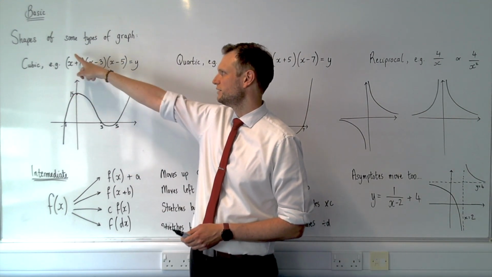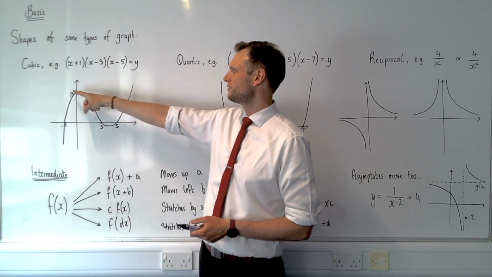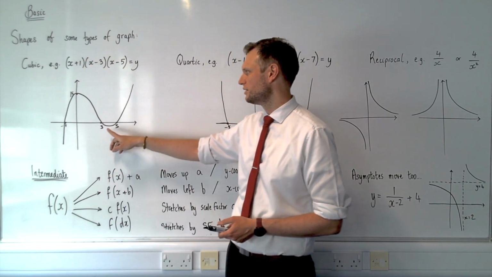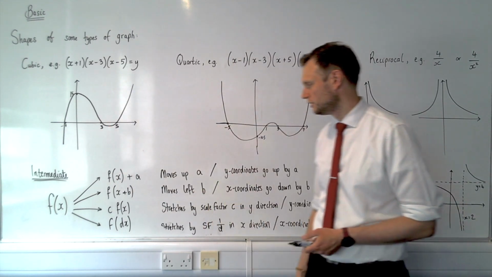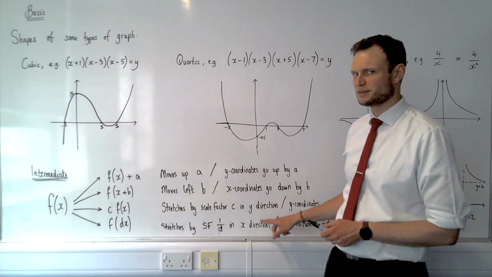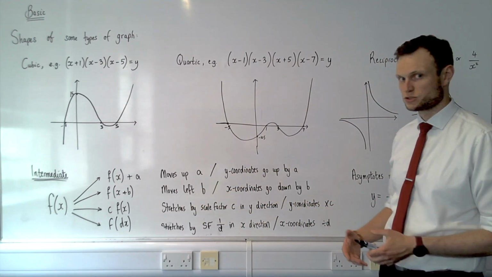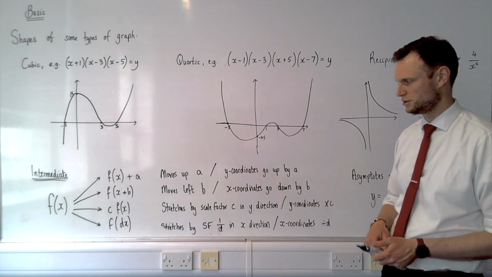So if c was 2, I'm doubling it, and 15 would go up to 30. And this turning point, we don't know it, but it would be twice as low. So that stretches in the y direction. The y coordinates are going to be multiplied by c. So if c is 2, they're going to double, but just the y coordinates.